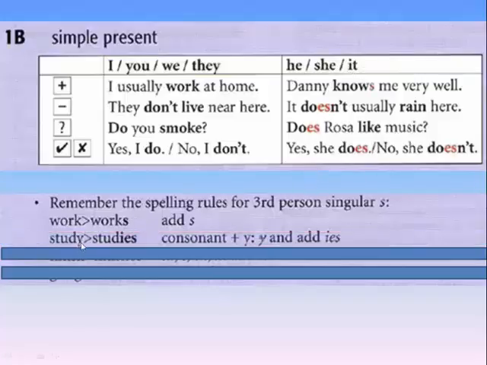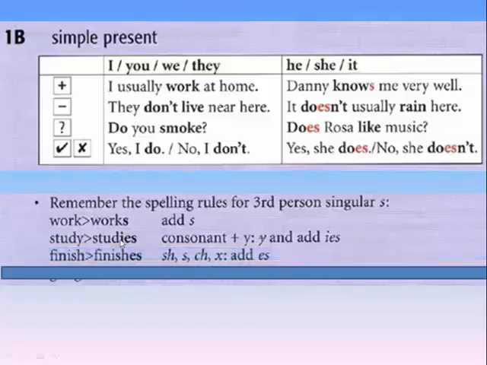If your verb ends in a Y, and before the Y there is a consonant, you delete the Y and you add IES. So consonant plus y changes a little. Another rule you need to remember is that verbs that end in sh, s, ch, and x, you need to add es.